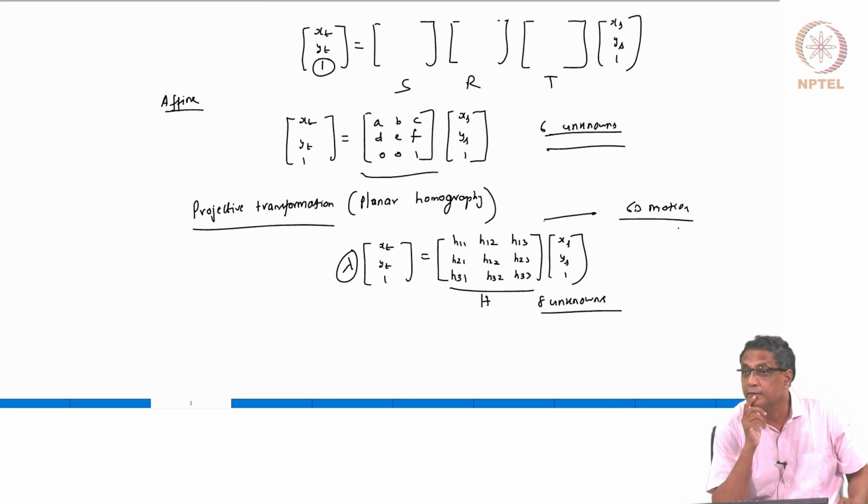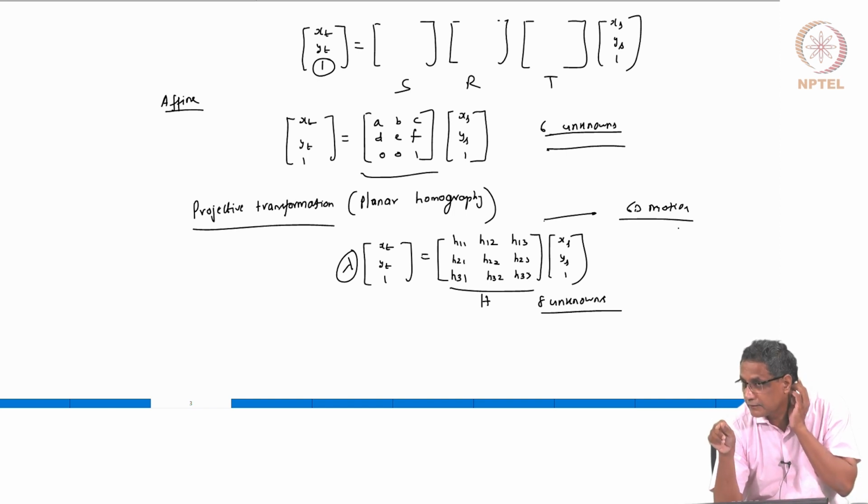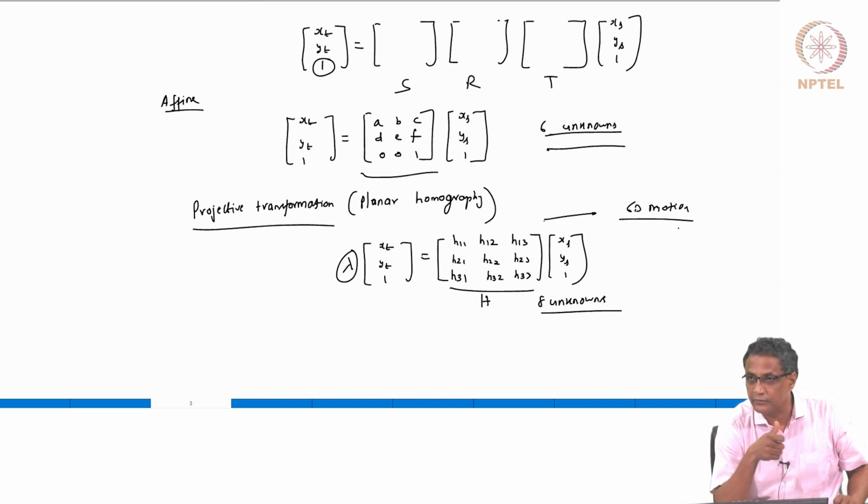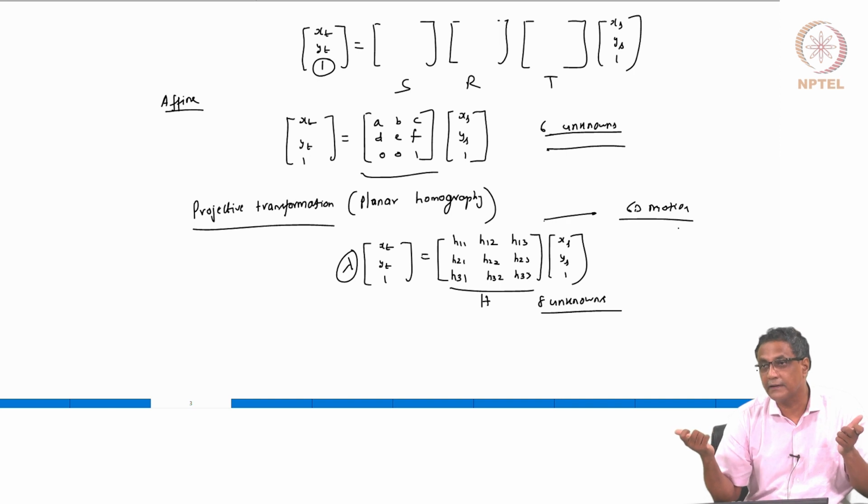We know that all of these have a role to play. You're doing a 3D rotation, you're doing 3D translations. This homography helps you to relate the 2 images finally.